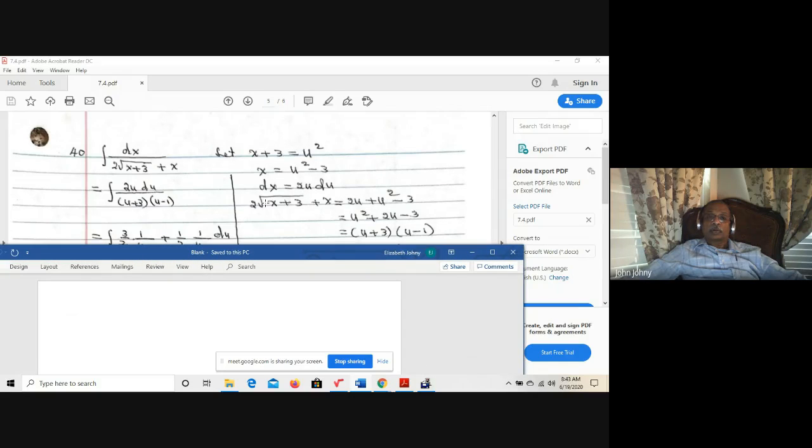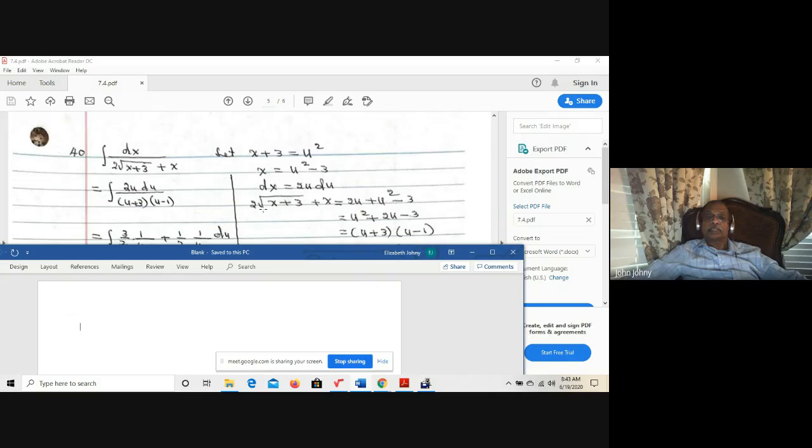So 2 times square root of x plus 3, plus x, is equal to 2u, because x plus 3 is u square means square root of x plus 3 is u. So 2u plus u square minus 3, because x is u square minus 3.